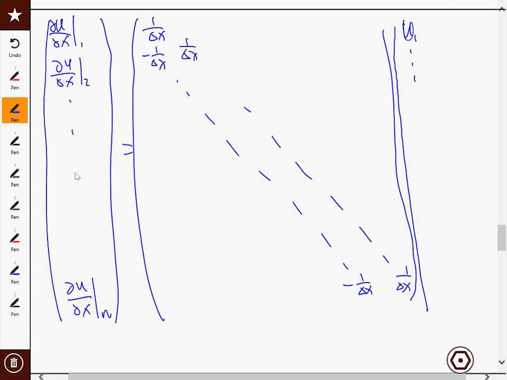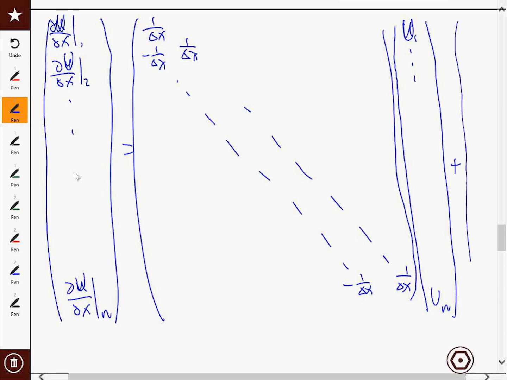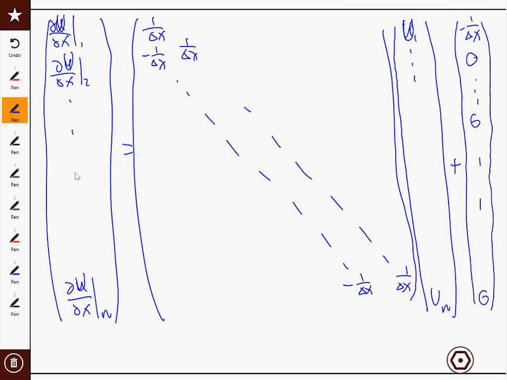My U1, I think I use the big U for the solution, UN, this should be big U, plus something else. And that something else is going to be 0 almost everywhere, except for the first row, which is minus 1 over delta x. And it is going to be 0 everywhere because I don't need to modify anything. Right?